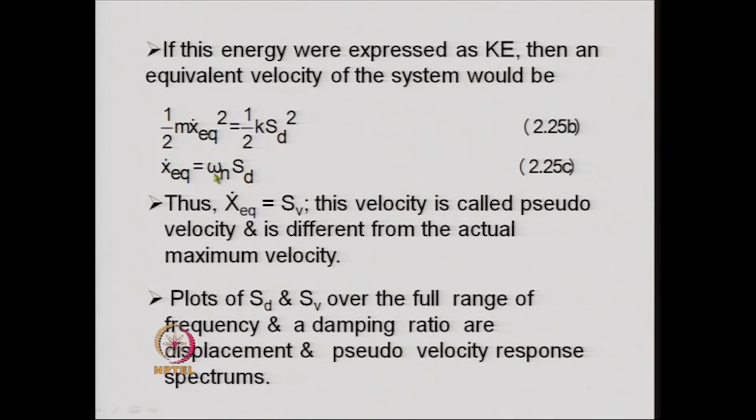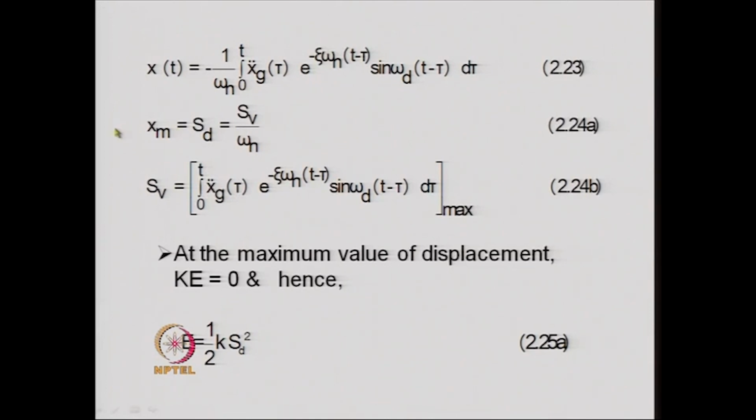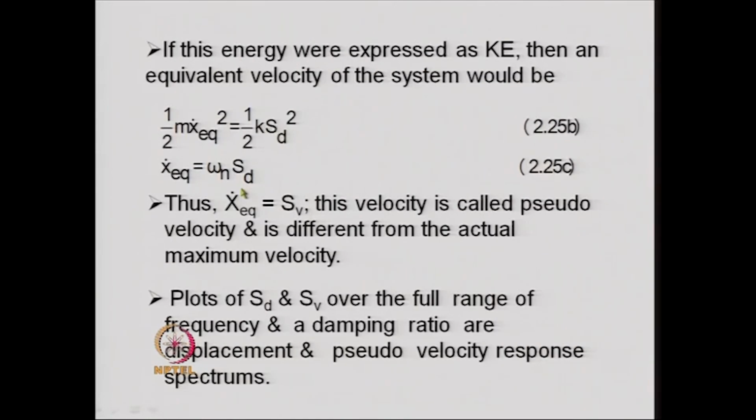That is the frequency of the oscillator multiplied by the maximum displacement. Now, if we look at the previous relationship that we have written, Sd is equal to Sv by omega n, then we see that this x dot equivalent is nothing but Sv itself. So, we can write x dot equivalent is equal to Sv. This velocity is called pseudo velocity and is different from the actual maximum velocity.